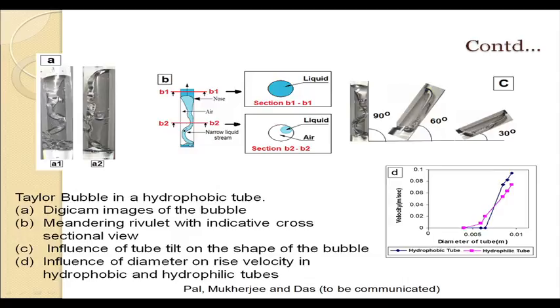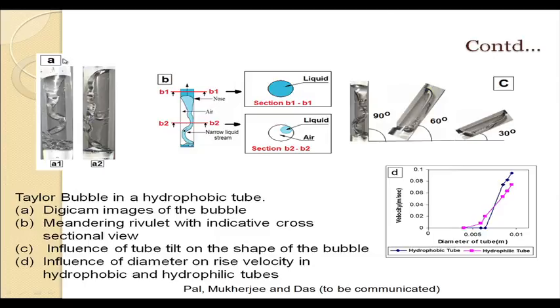Isn't it? If you observe it, you do not find the annular film. As the bubble comes in contact with the tube wall, the liquid film falls down in a meandering pattern, somewhat like the way water comes out from a garden hose when you water the garden, and generates a moving three-phase contact line which makes an angle with respect to the overall direction of propagation of the bubble.